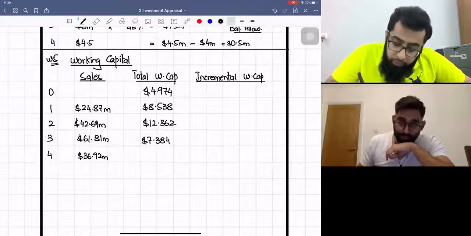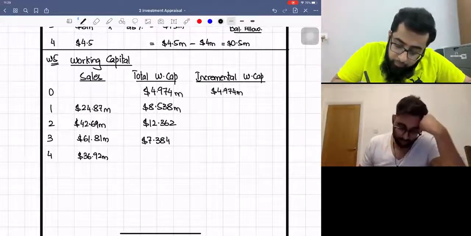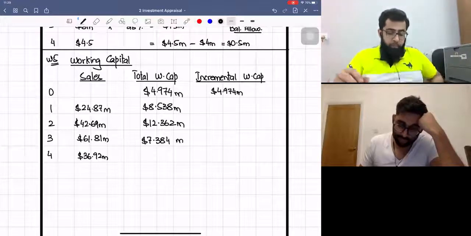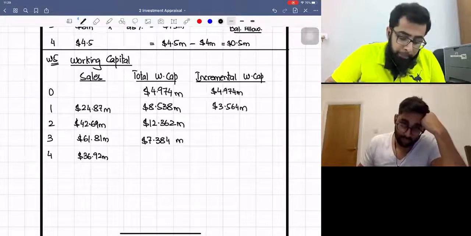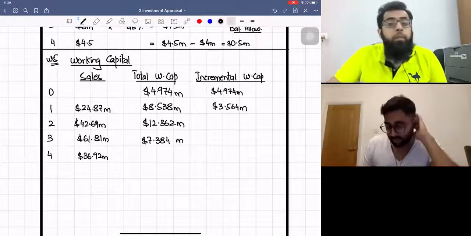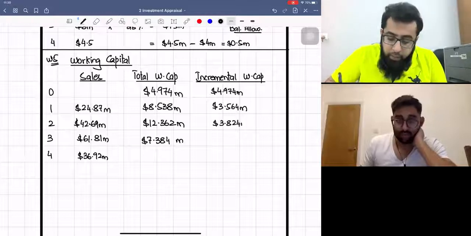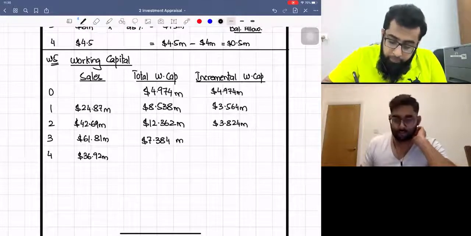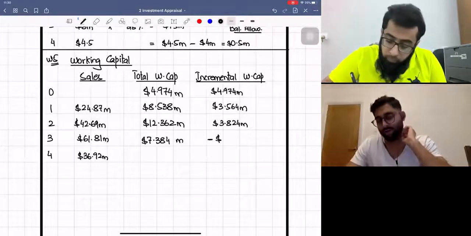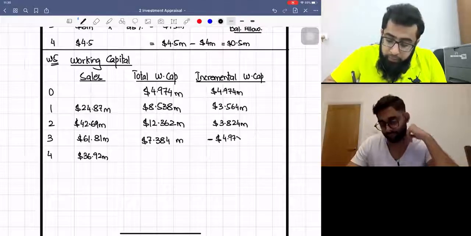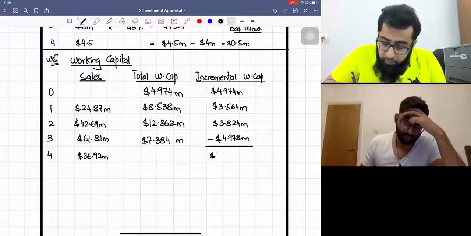Here we need the entire 4.974. Then 8.538 less 4.974 gives 3.564. Then 12.362 less 8.538 gives 3.824. And then we have negative 4.978, and the net amount is 7.384.